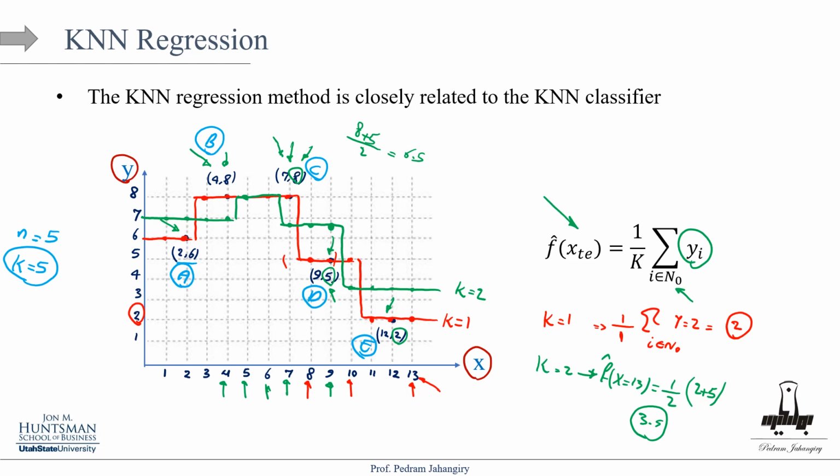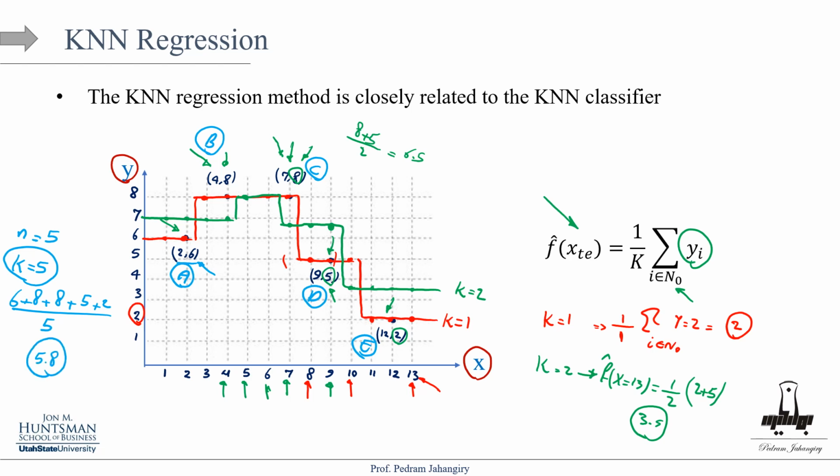Basically, the prediction is going to be always one number, and that number is going to be the average value of all these y's, right? So what do we have? We have 6, plus 8, plus 8, plus 5, plus 2, the entire thing divided by 5, right? So if you do the math, you should get something like 5.8.